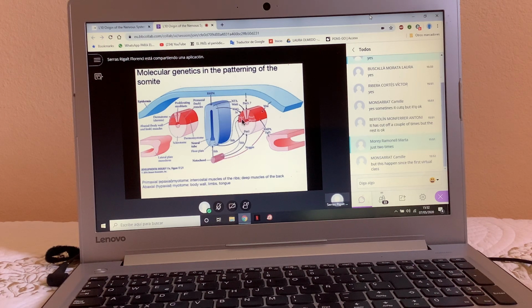Low levels are able to reach here from the ventral part of the neural tube or from the notochord, and those low levels of sonic hedgehog plus some Wnt that is coming from the dorsal part of the neural tube are important for the differentiation of the muscle of the myotome.